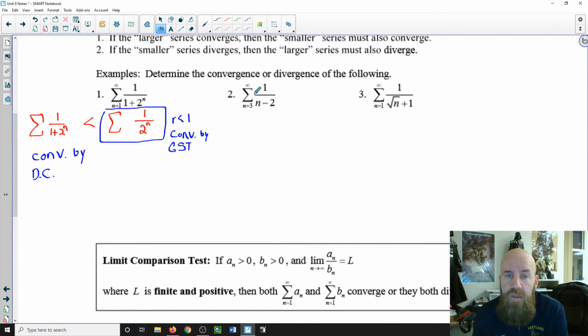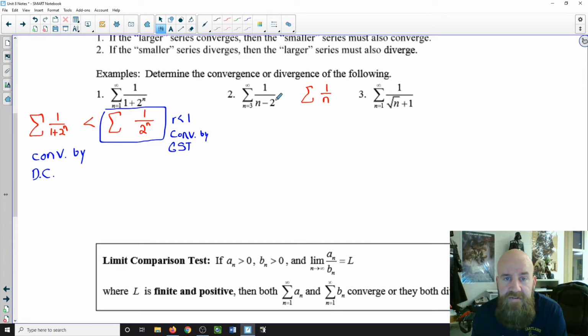Alright, so let's take a look at this next one. Look at 1 over n minus 2. Think about something that we would know how to find if it converges or diverges. We do know 1 over n. We know how to find if it converges or diverges, so we can write that up here. So 1 over n.